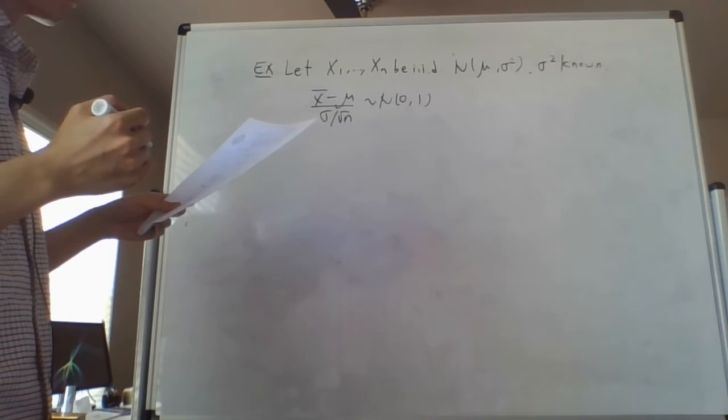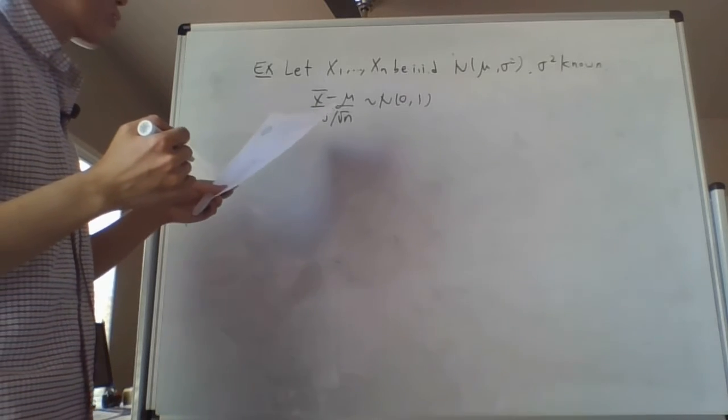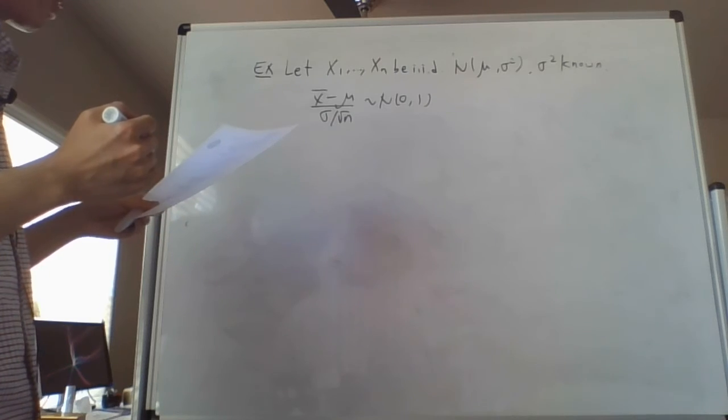We have a normal random sample with sigma square known, and we consider the pivotal quantity x bar minus mu divided by sigma divided by square root of n, which is a standard normal.